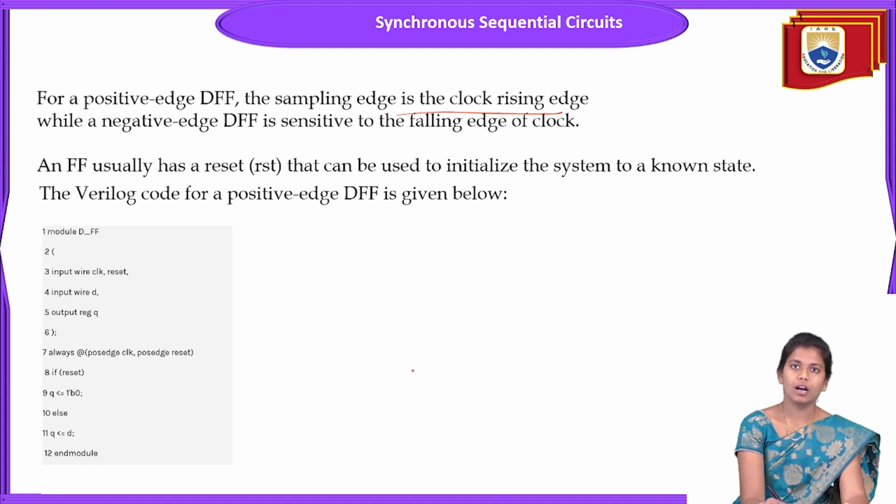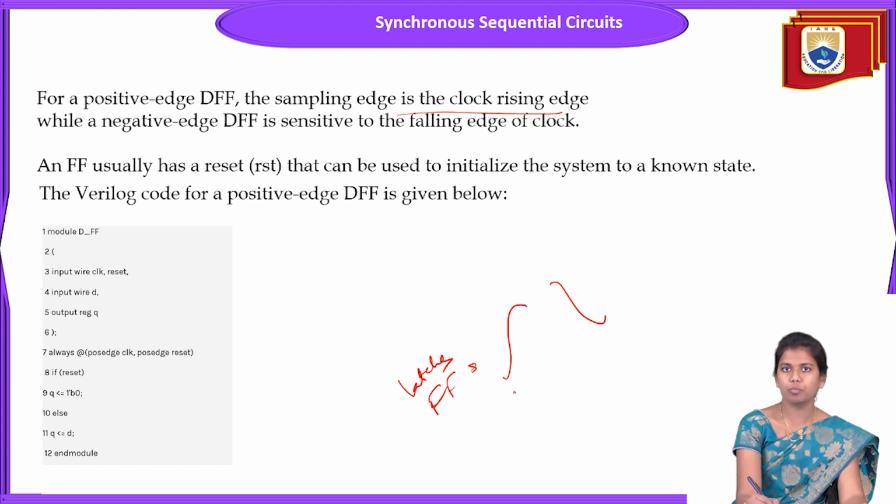In yesterday's class we discussed that for storage elements we have latches and flip-flops. For the flip-flops, we discussed the positive edge and the negative edge, right? So the rising edge and the falling edge, which we observe mostly in the positive edge and the negative edge D flip-flop.